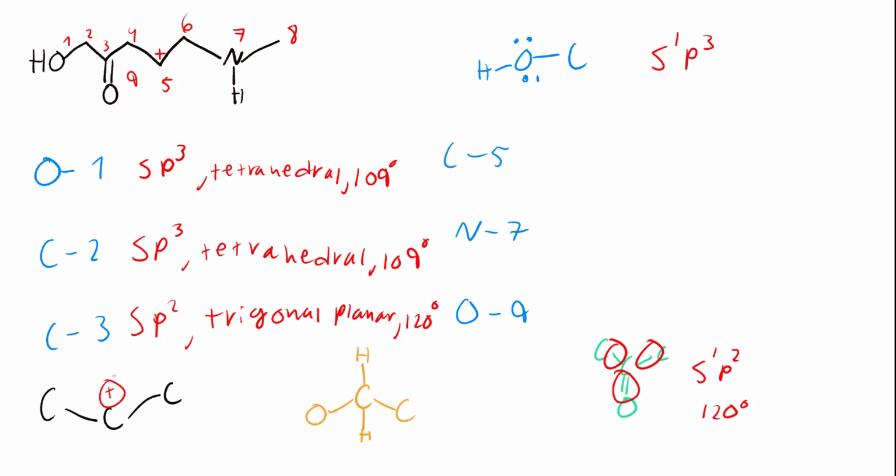So how do we explain that? Well, normally when you have a carbon attached to 2 other carbons, you're going to assume that it has a hydrogen. But whenever you have a partial positive carbon, it actually means that you have 1 hydrogen.